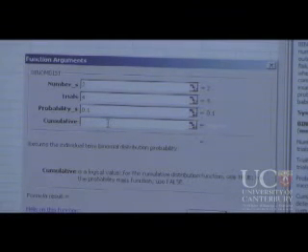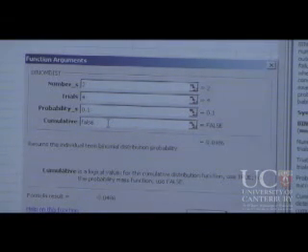So cumulative means that the probabilities are added together. In this one, we don't want accumulated probabilities. We want the probability that exactly 2 people will express interest. So this is not cumulative, so we write false in there. Then we click OK, and we get the answer, which is 0.046.